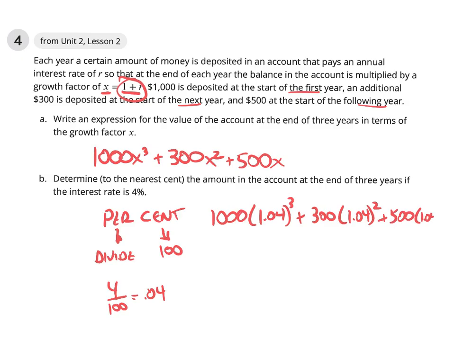Put it in the calculator just like it's written. And you should come out to 1969.34.